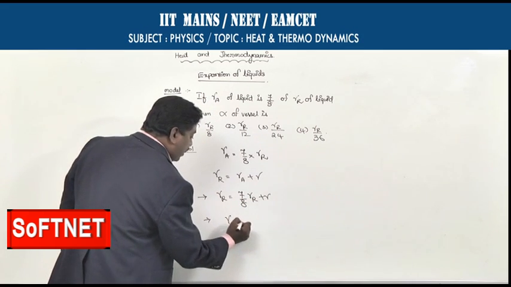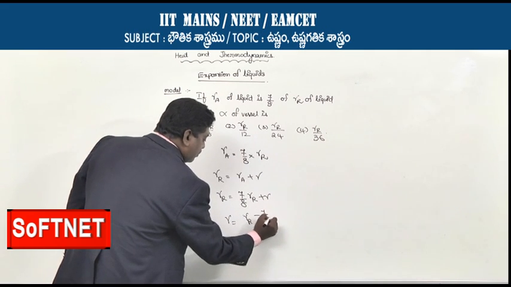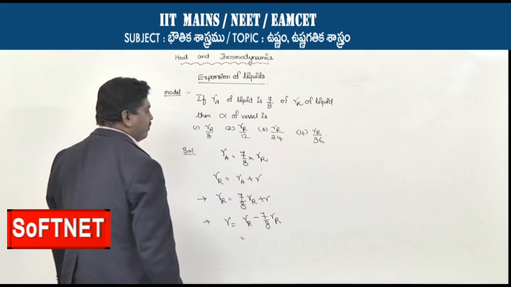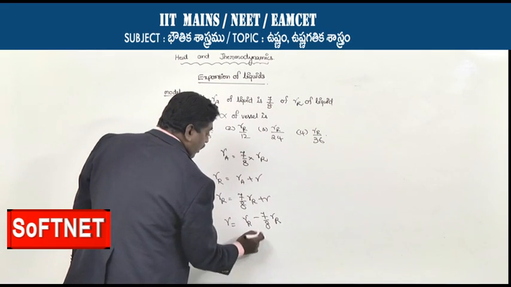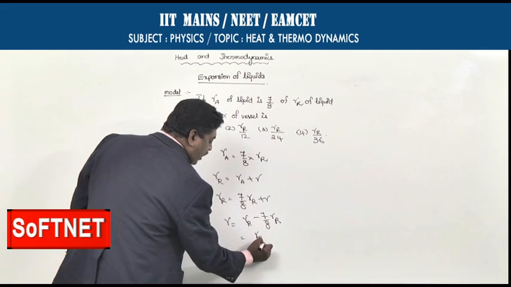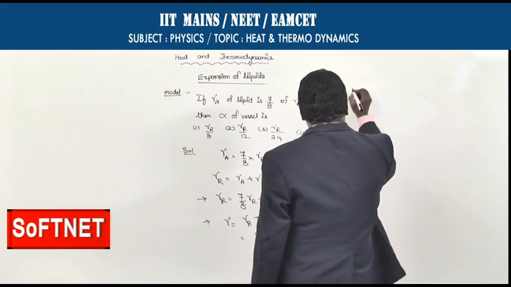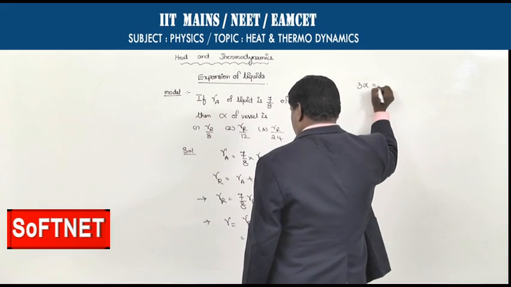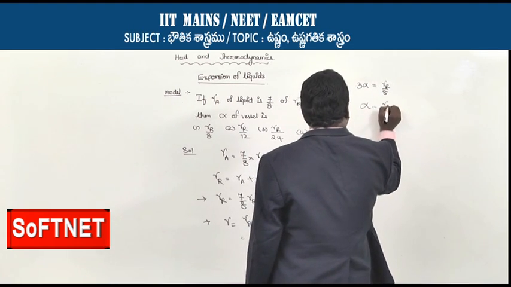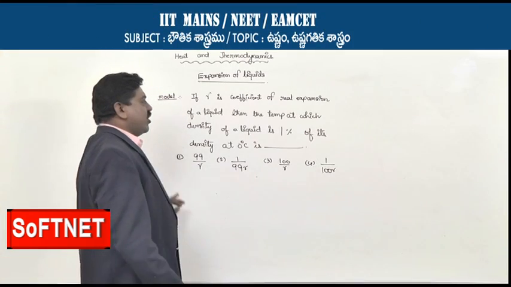Then gamma equals gamma R minus 7 by 8 gamma R, which is 8 gamma R minus 7 gamma R over 8, that is gamma R by 8. Now put gamma equal to 3 alpha. So 3 alpha equals gamma R by 8. Then alpha is gamma R by 24. Let us try another model.